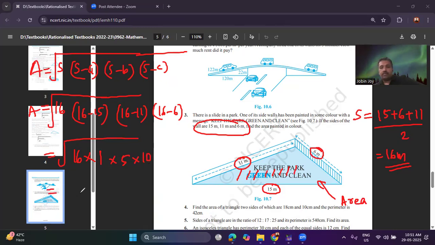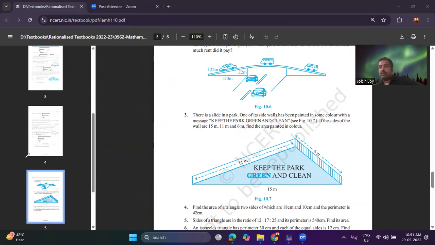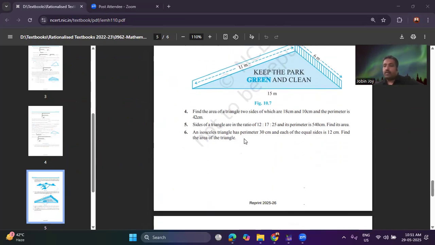So that will be equal to square root of 800, which is 28.28 meter square. So the area painted in color is 28.28 meter square.